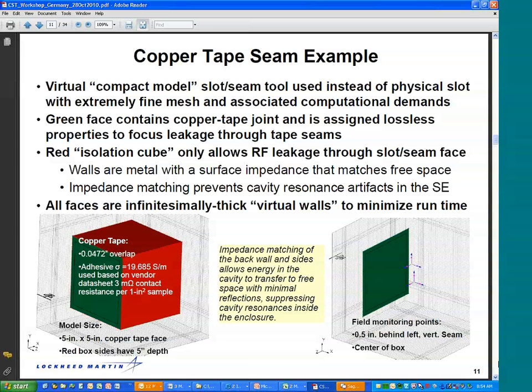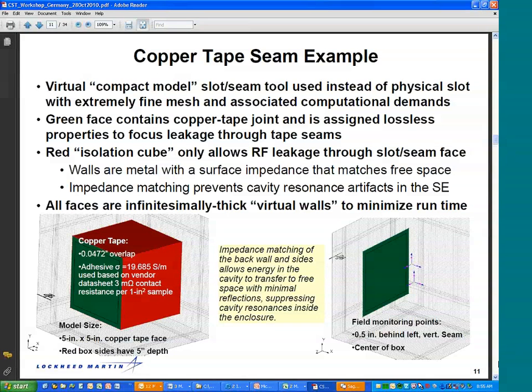And so you're driving currents around through those seams, and this observation box, this free space box that you're putting on the back side, is just to make sure that you can see what's happening at the face without causing other artifacts in the analysis, such as cavity resonances.